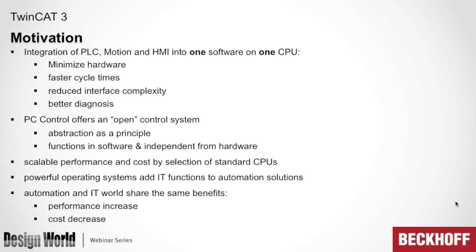The whole PC control concept really supports the whole openness, the open control system. Abstraction. We have a slide later on describing abstraction. What that means is I want to separate myself from the details. I take care of something in one place, and in another place I don't have to worry about the details. The analogy I often use is driving a car. I'm able to drive my car.